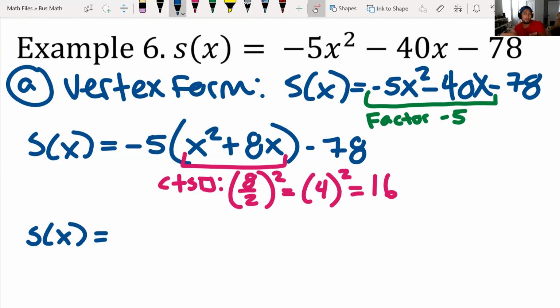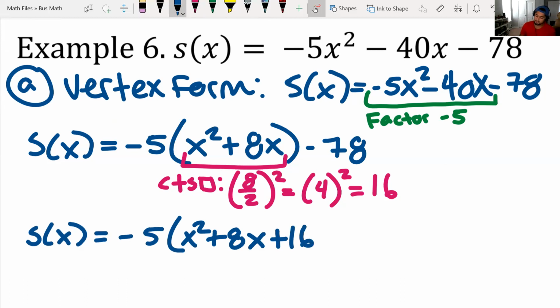Next, add that number and subtract it on the same line. So you'll have -5 times x squared plus 8x plus 16, and then minus 16, minus 78.